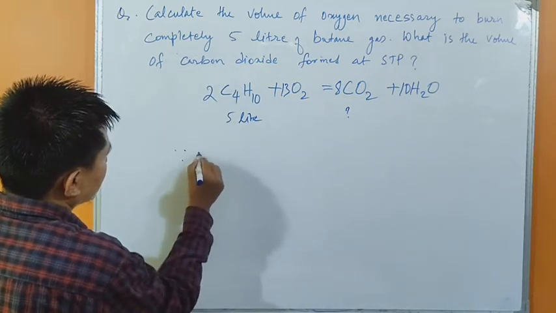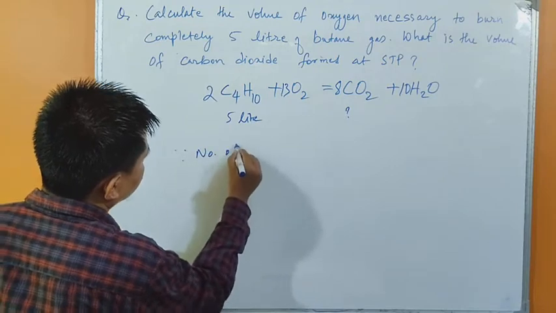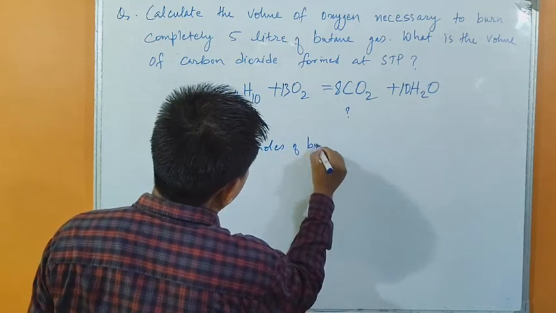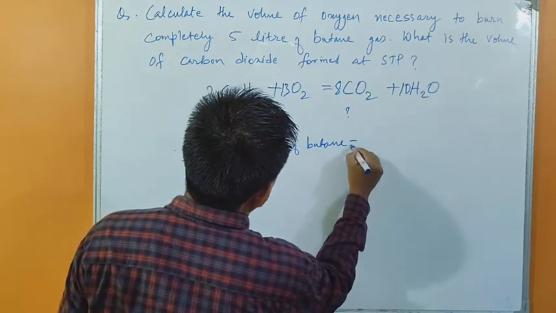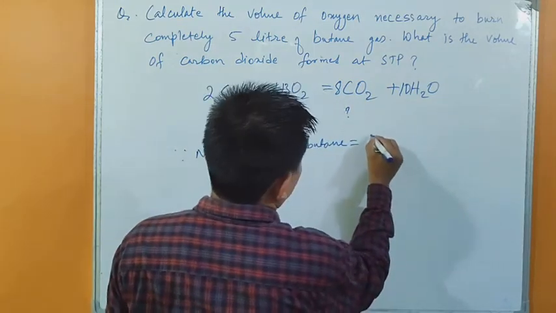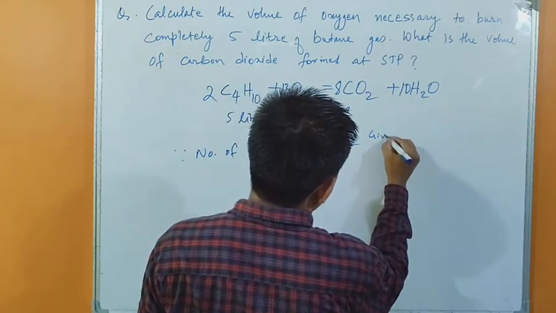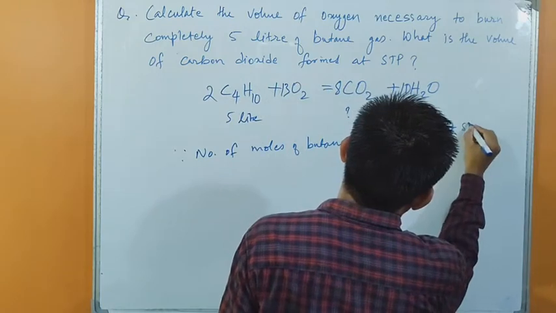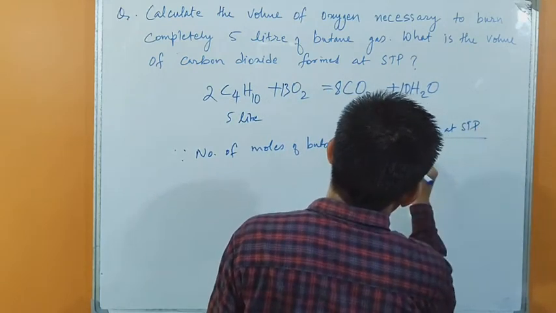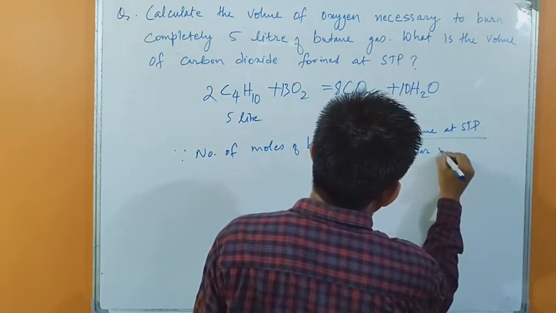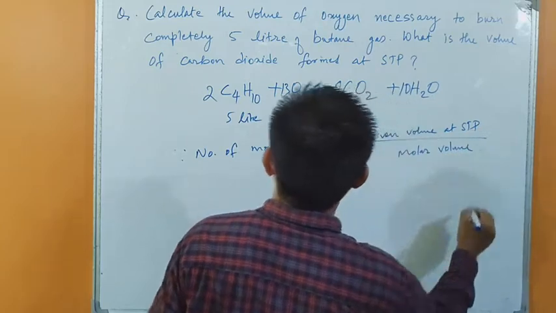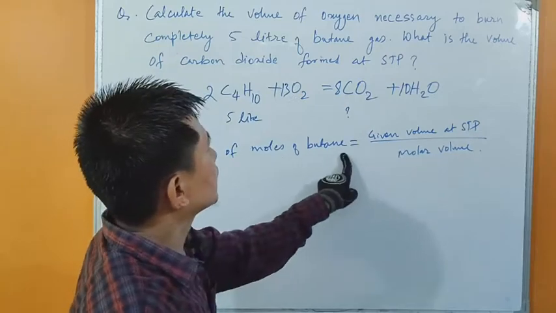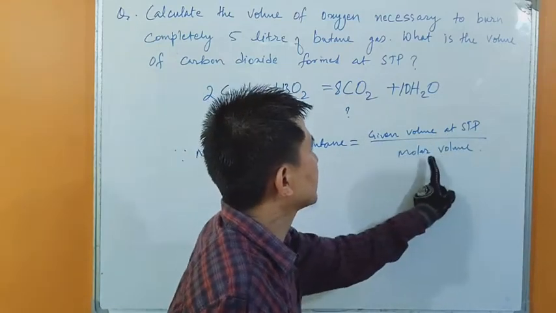Number of moles of butane equals given volume at STP divided by molar volume. Got it? I am trying to find the number of moles of butane again.